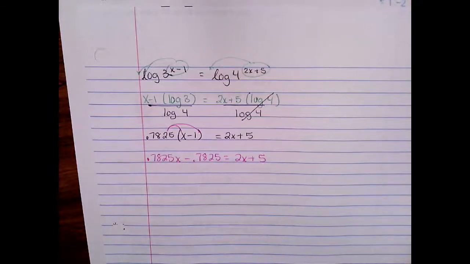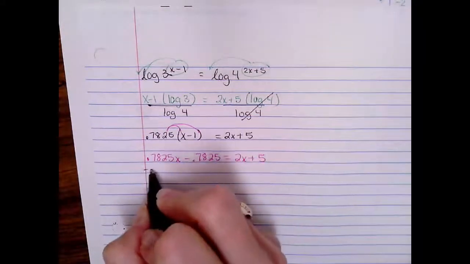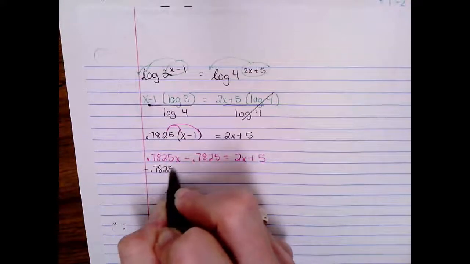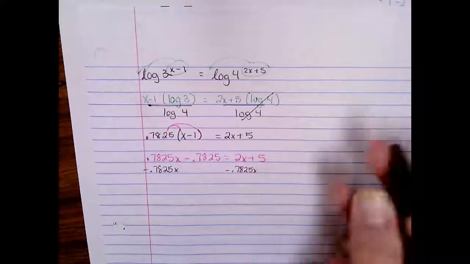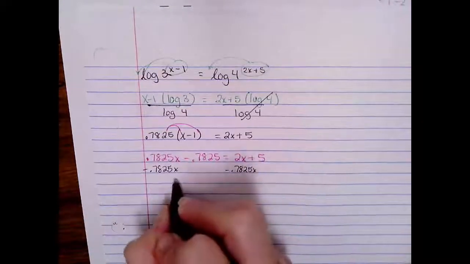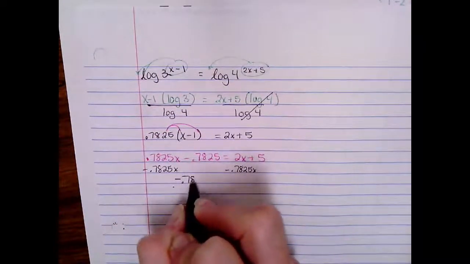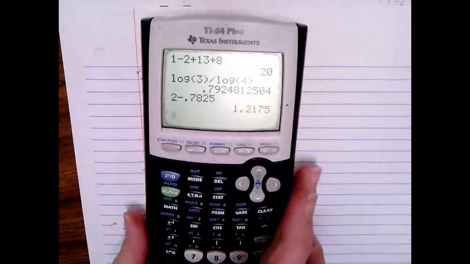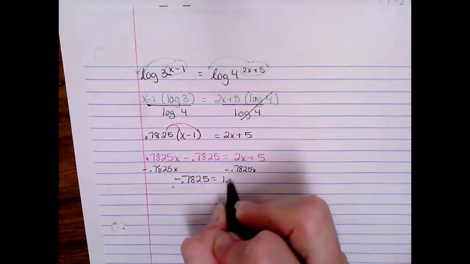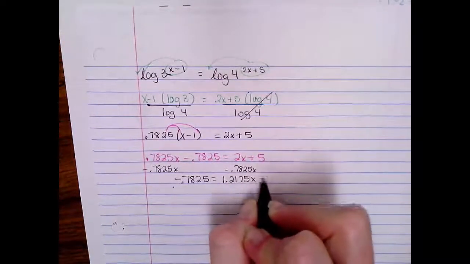Solving for x, I'm going to subtract 0.7825x from the left, and subtract 0.7825x from 2. I get negative 0.7825 equals 2 minus 0.7825, which is 1.2175x.